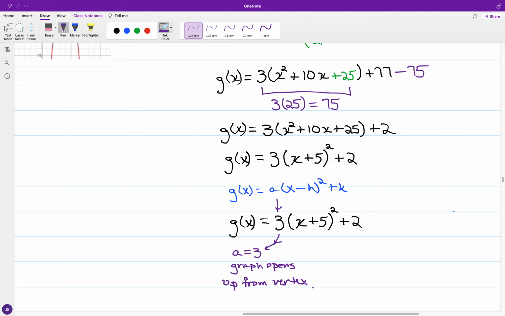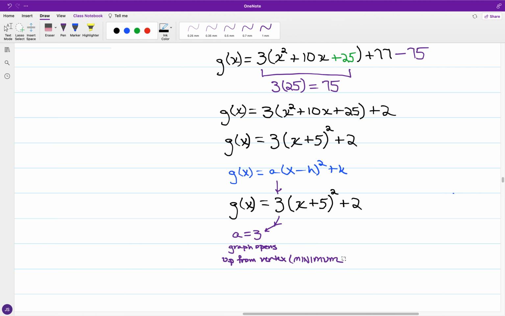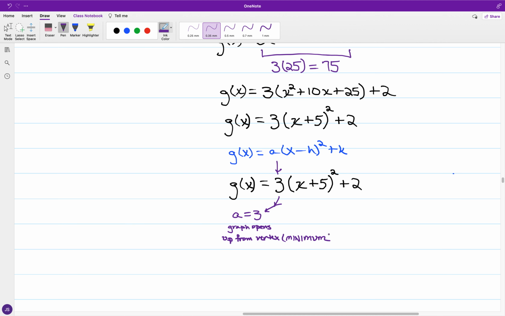And looking at what we have for the h and the k values, we have x minus h represented by x plus 5, so x is equal to h is equal to negative 5, and the k value is going to be positive 2.